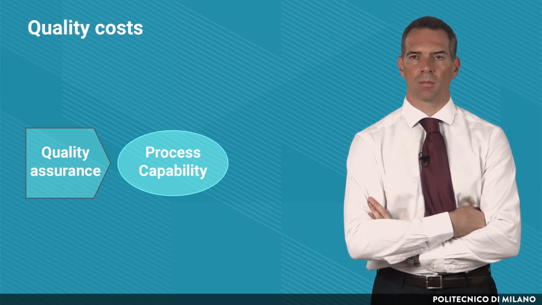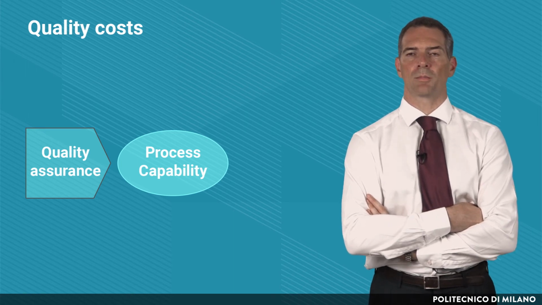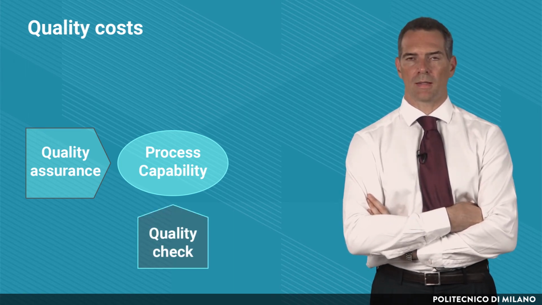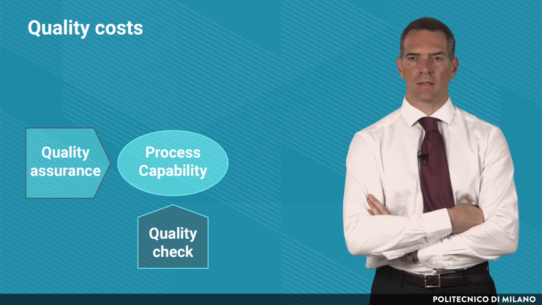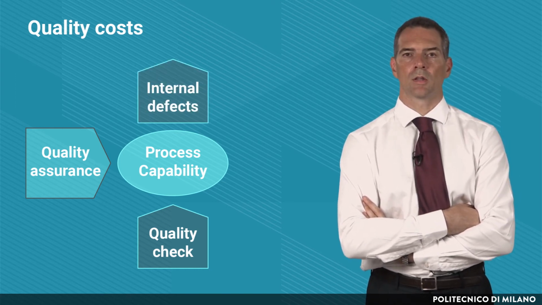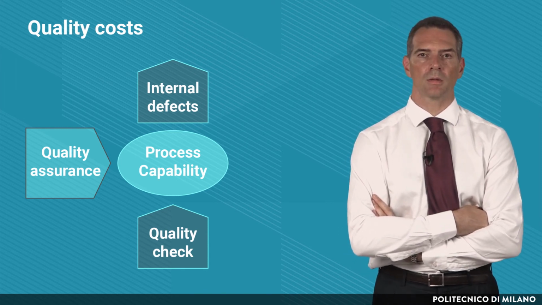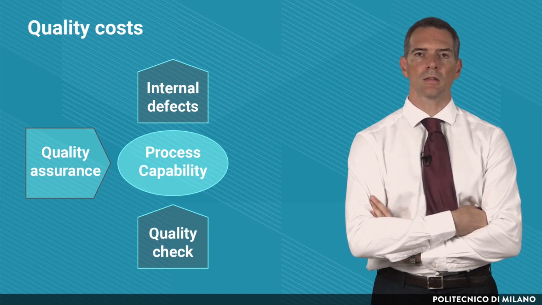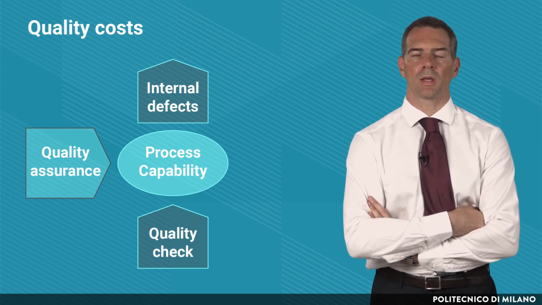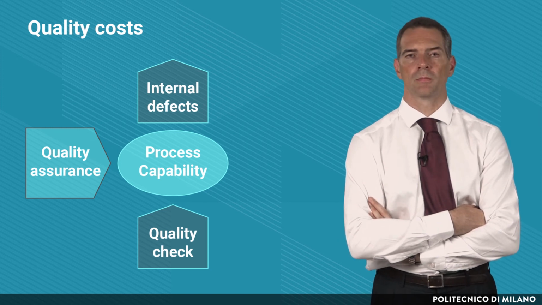Once a given process capability is achieved, then the company could be deciding to perform some quality checks. And thanks to these quality checks, defects are internally highlighted. The quality check is consuming resources in terms of workforce, dedicated equipment, and space, and the internal defects are costing the company in terms of wasted resources, management, reworks.